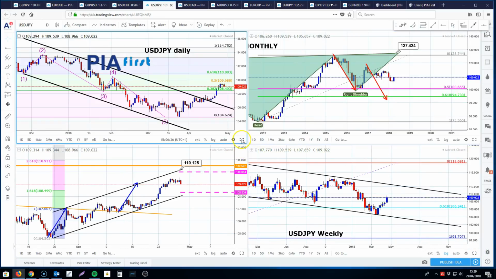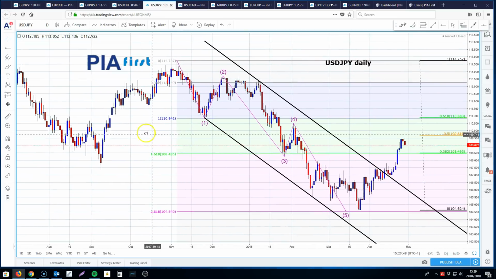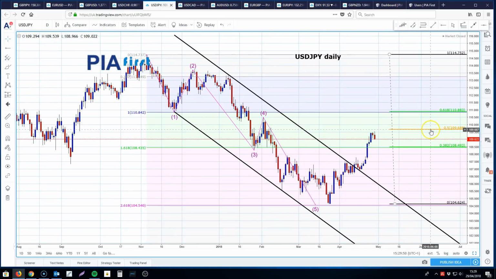Daily chart, and I think this is quite an important time frame to look at. We've got a 50% pullback here at 109.68, and we've got our bespoke resistance at 110 the figure. Now it is a weekly resistance level, and that basically means that we've got the potential to spike through it, but as long as we close below it, then it offers a downward bias.